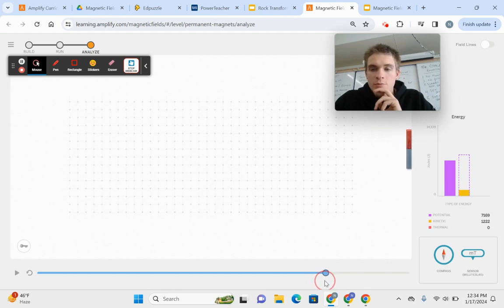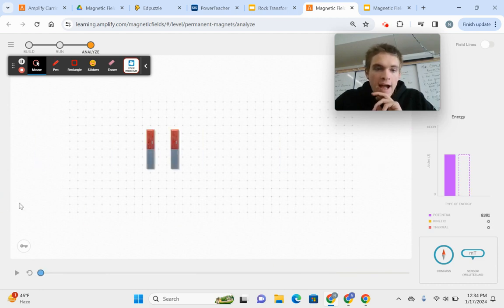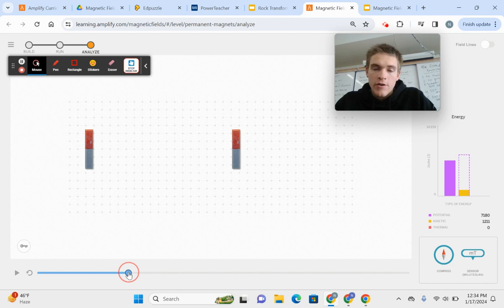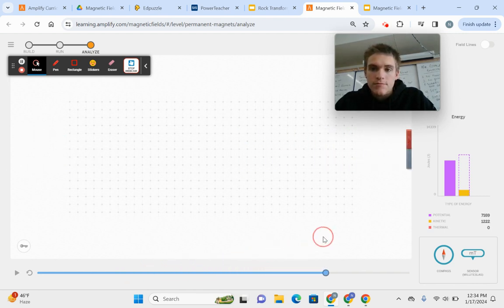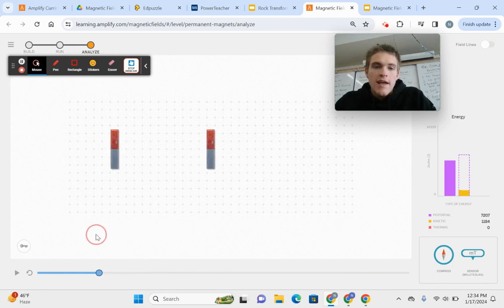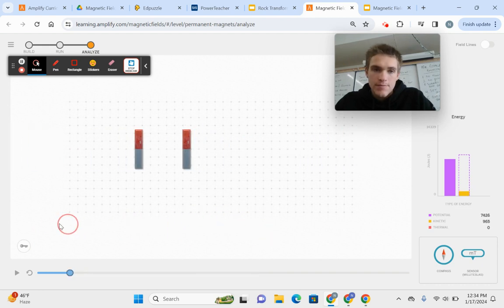What did you notice or observe? That's right. As the magnets got further away from each other, the potential energy decreased.